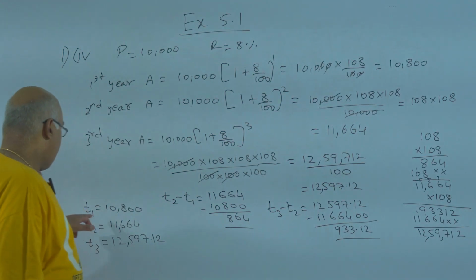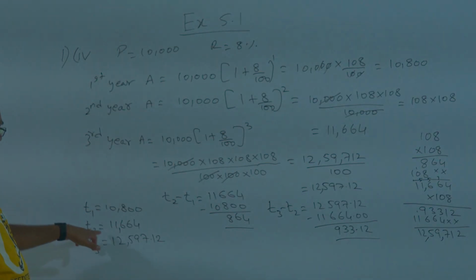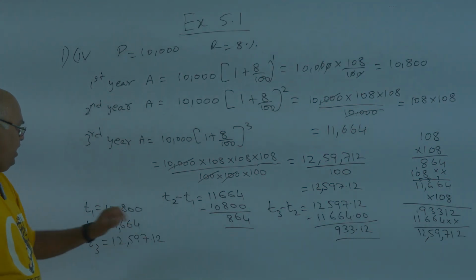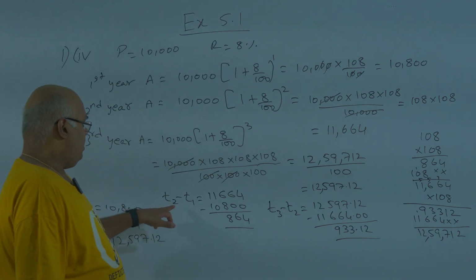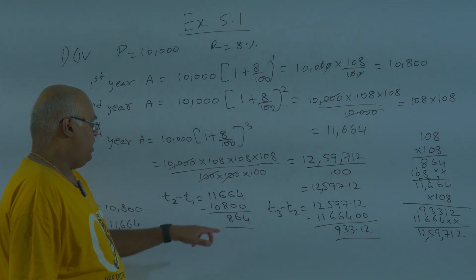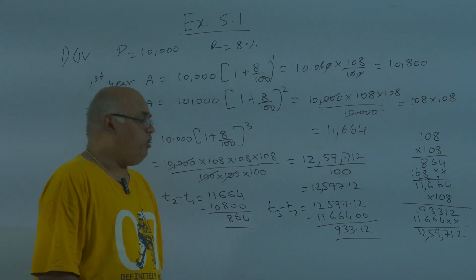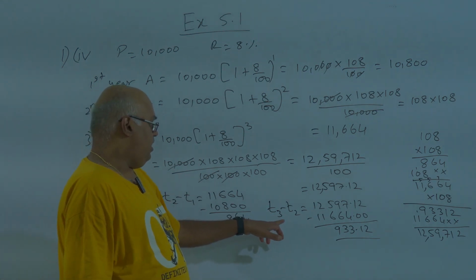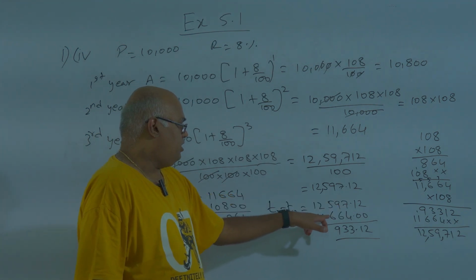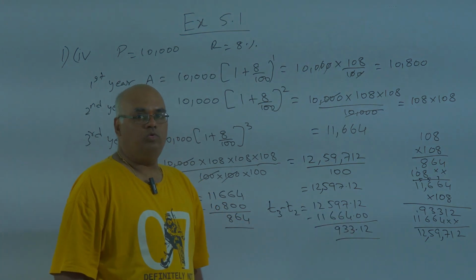Now let us take the difference. For the first year the amount is 10,800, for the second year it is 11,664, for the third year it is 12,597.12. The difference between second year and first year: 11,664 minus 10,800 is equal to 864. The difference for the third and second year: T3 minus T2 is equal to 12,597.12 minus 11,664, which is 933.12.